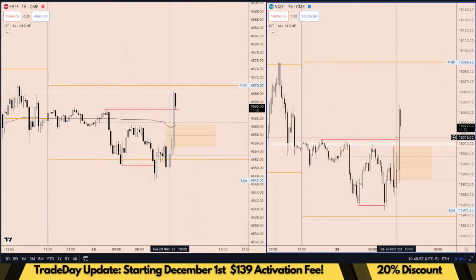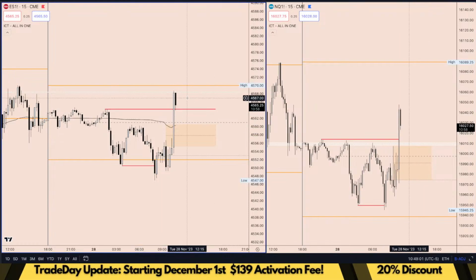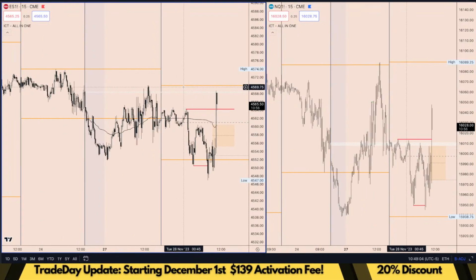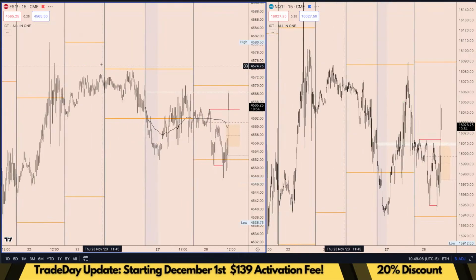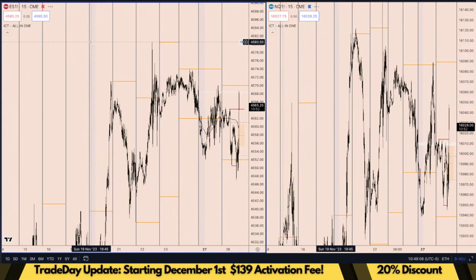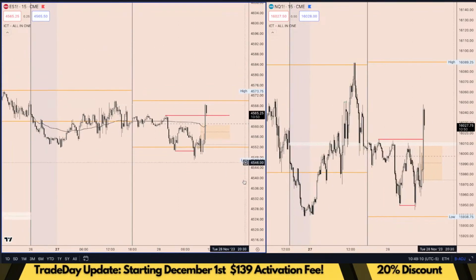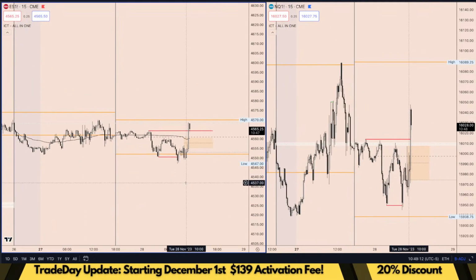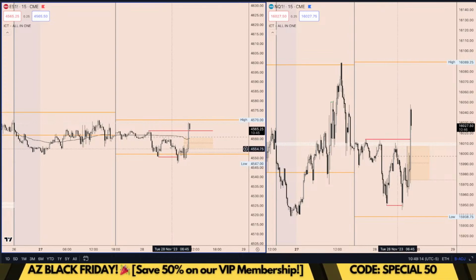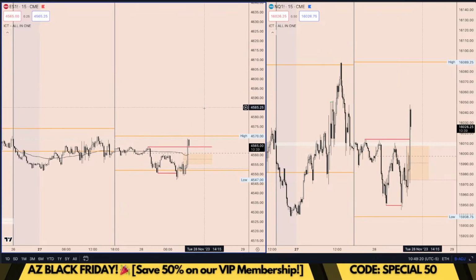Looks pretty good, especially if ES is gonna hit Monday's high and Friday's high, maybe even. Not too unrealistic to anticipate this consolidation down low being followed by higher prices.